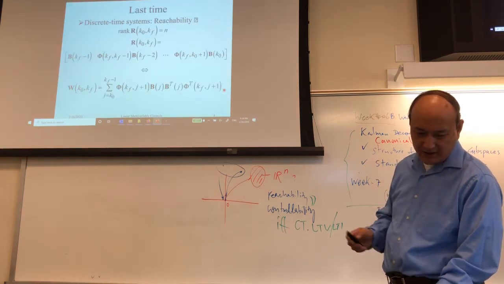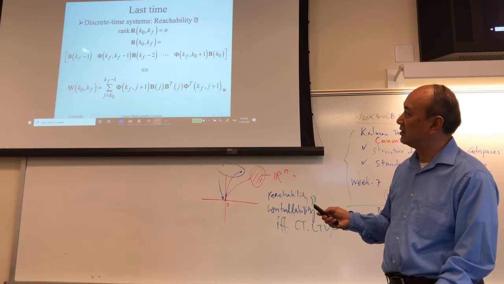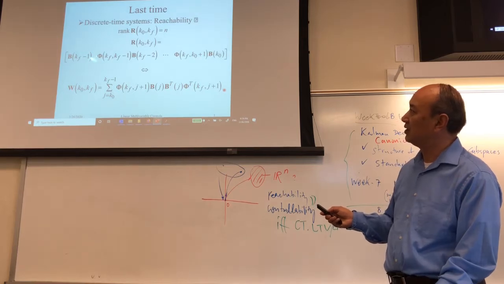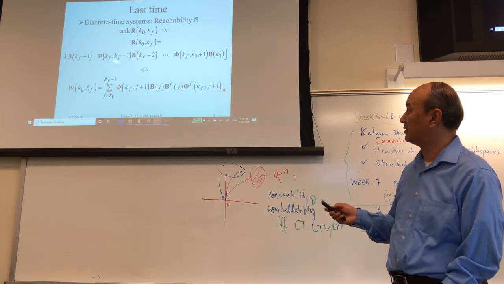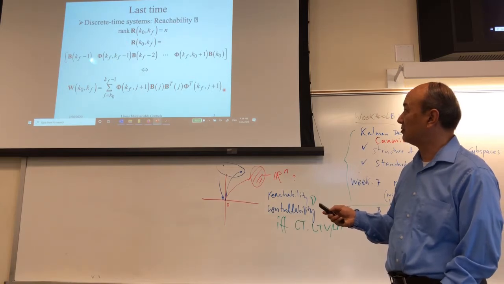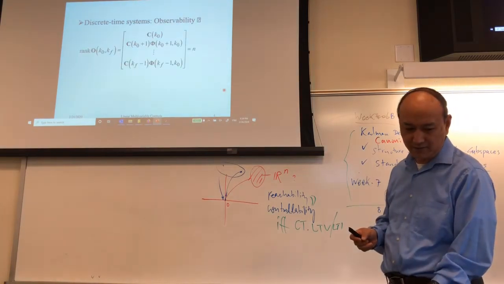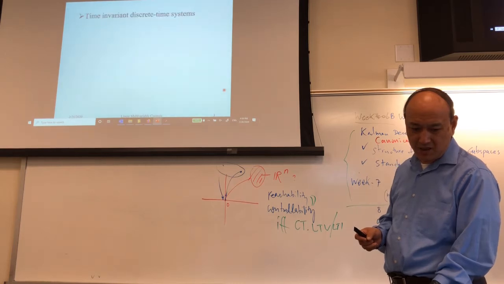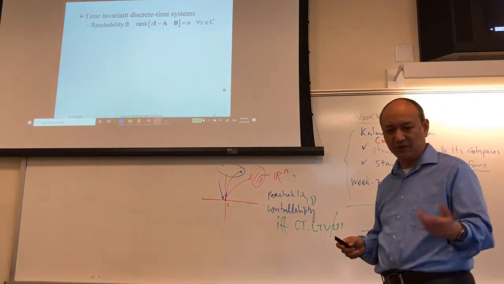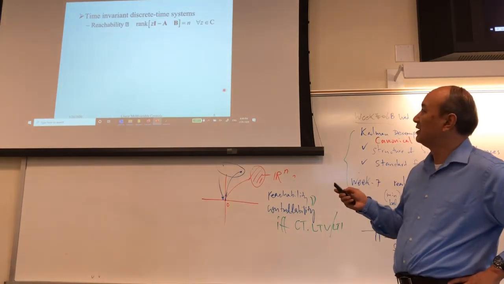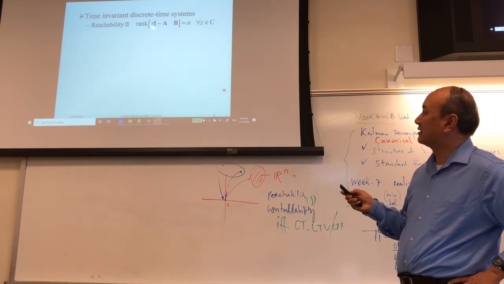Going back here, the reachability matrix is different from the controllability matrix here. Be careful, it's not the controllability matrix. However, in the time-varying case, we can use reachability by checking. That reminds me of the Hautus test.